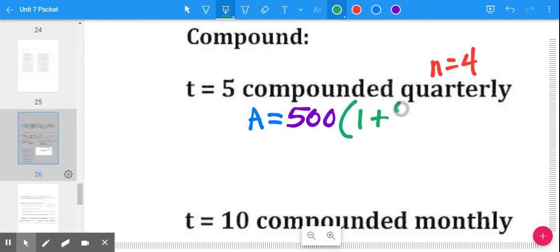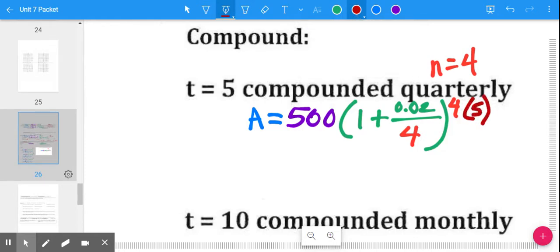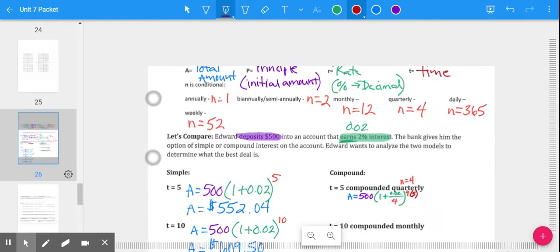So we're going to add that 2% 4 times a year, and then 4 times t in your exponent. And t is 5.